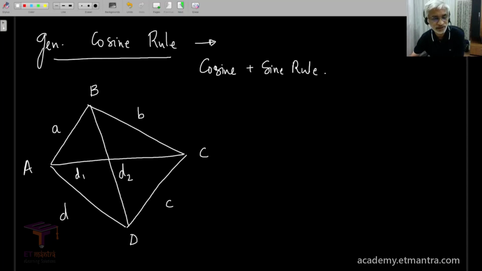The generalized cosine rule says that (d1 d2) whole square is equal to the opposite sides. That's why it's easy to remember. The opposite sides, that is A and C, have to be clubbed together.